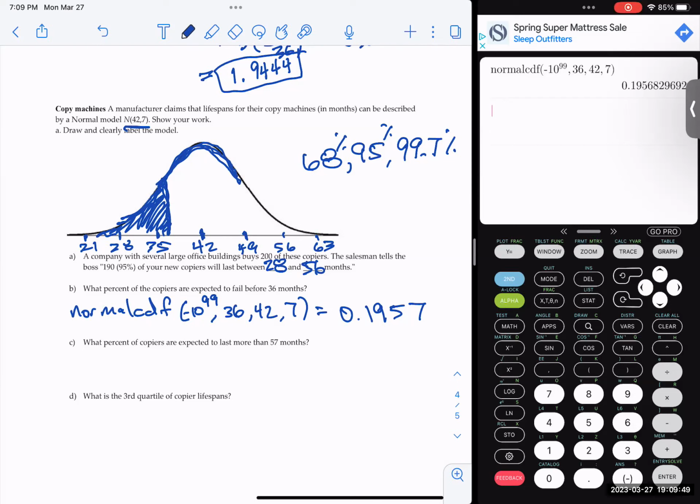Now, go ahead and try to draw a picture for C. Just draw your little normal distribution. Try to throw a number. Oh, yes, I've got a question.